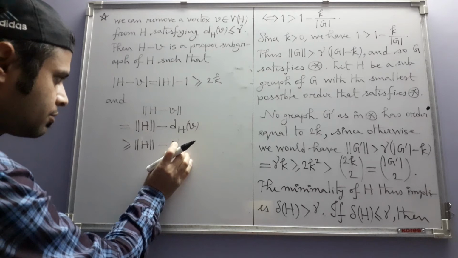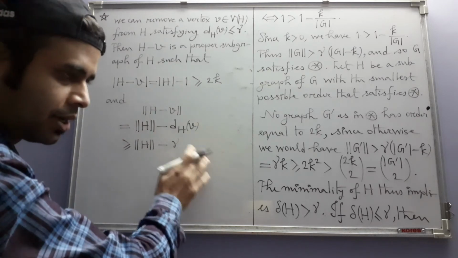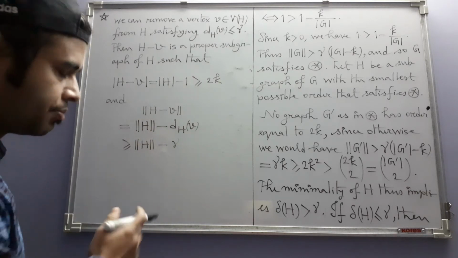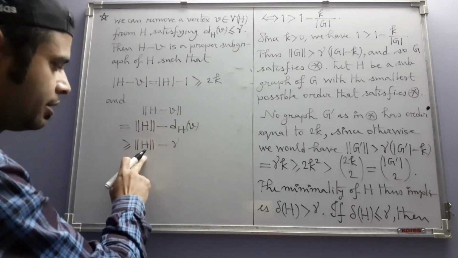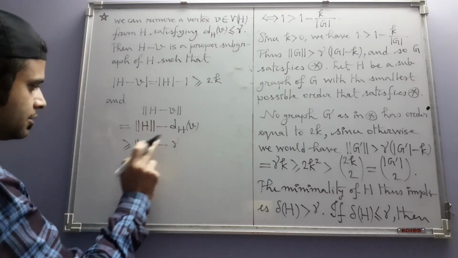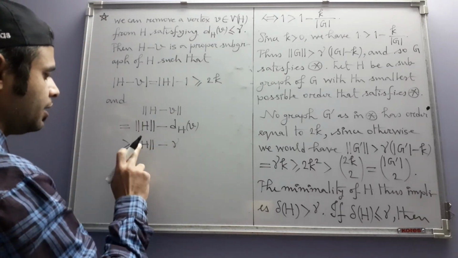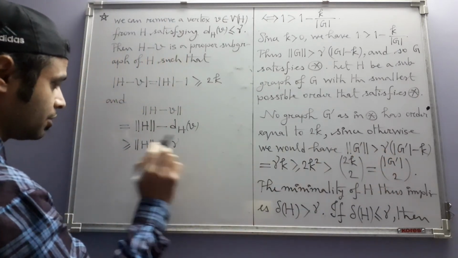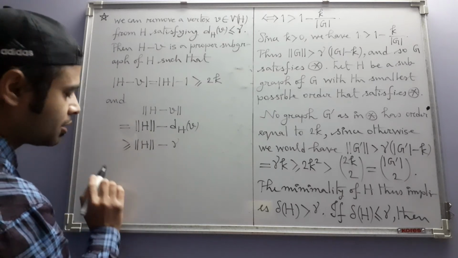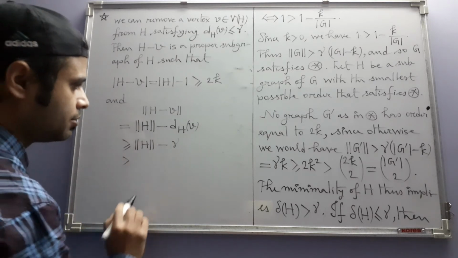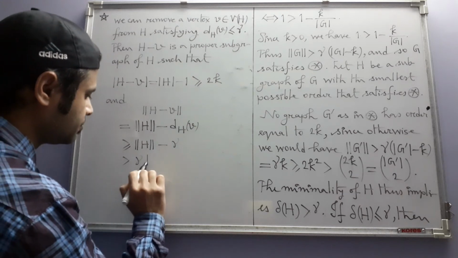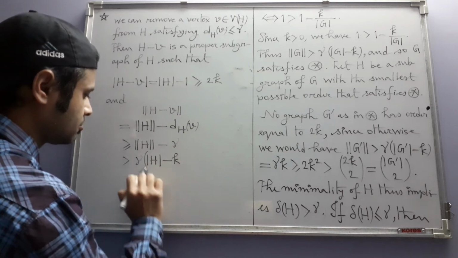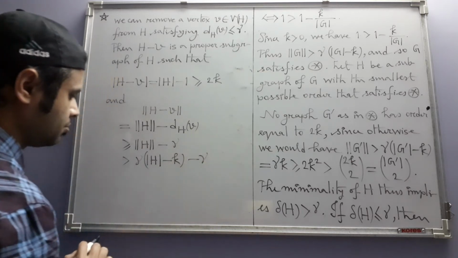This is less than or equal to gamma, so when we multiply by minus 1, the inequality gets reversed, and adding the size of H, that is the number of edges in H, on both sides you get this. However, H itself satisfies the second inequality from star, so its number of edges will be strictly greater than gamma times order of H minus k, and we have this minus gamma here.